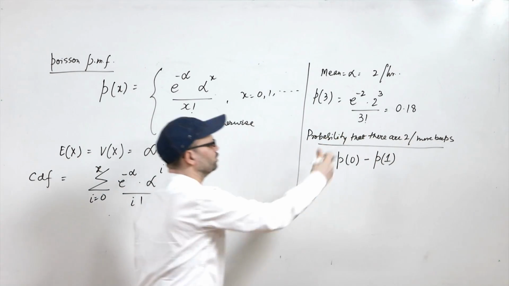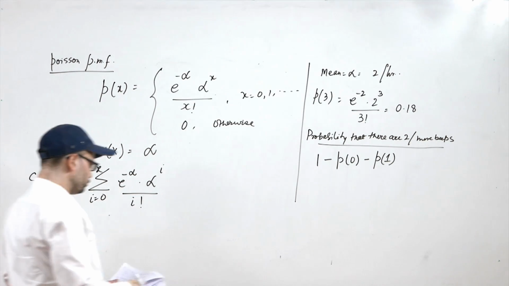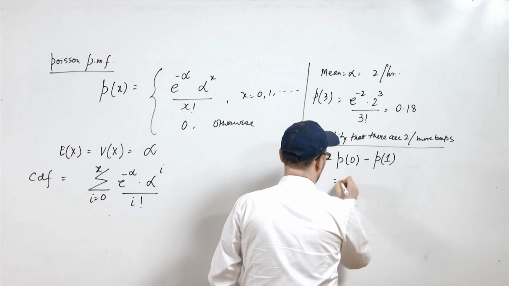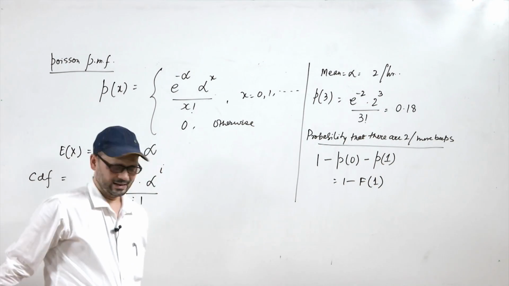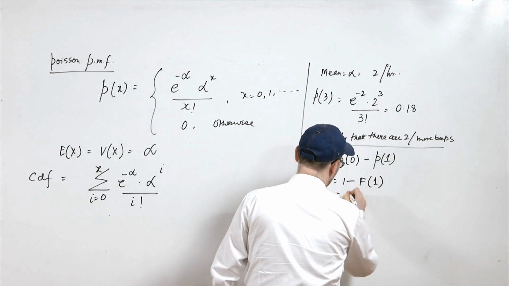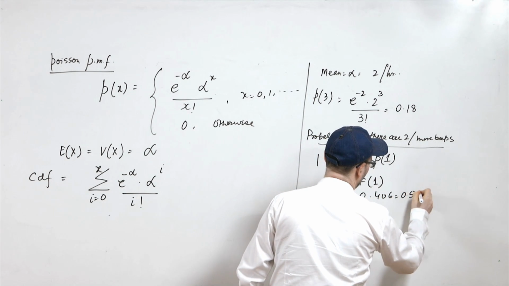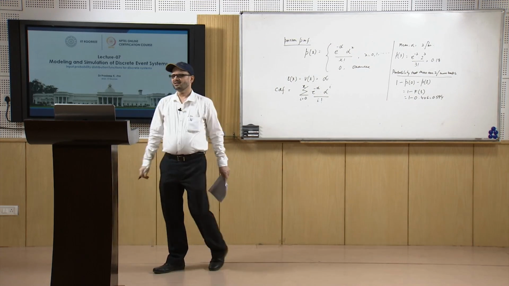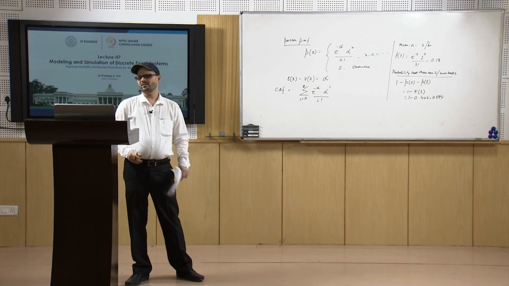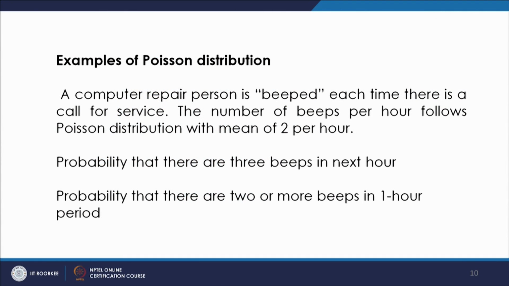So, that will tell you the probability of having 2 or more beeps: 1 minus the cumulative distribution function value at 1, which if you calculate is 0.406. So, it will be 0.594. This way you can calculate the probability for 2 or more beeps in 1 hour.